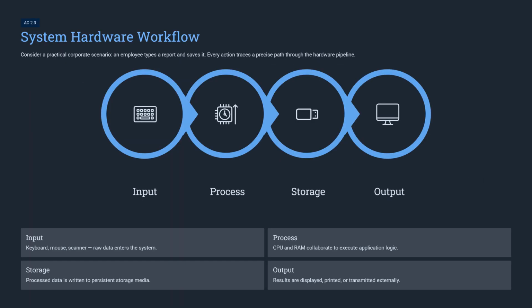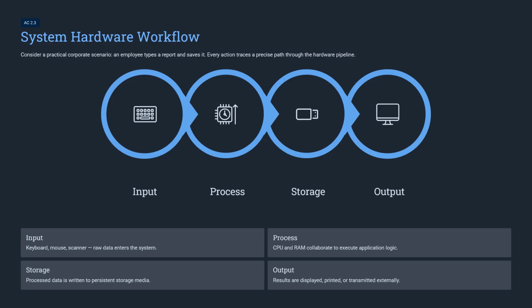Let's bring this concept together by looking at the system hardware workflow. Here is a practical hardware workflow in 4 steps. First, input. Devices like keyboards capture raw data. Second, process.